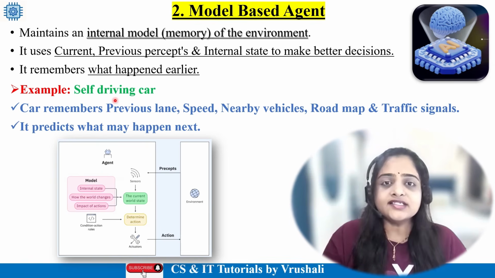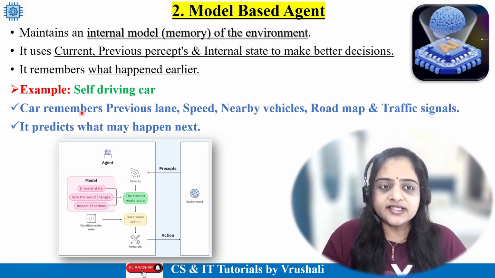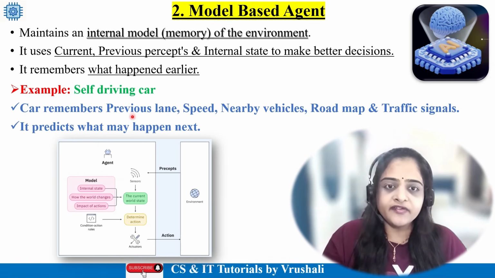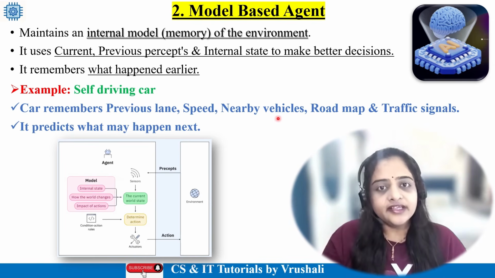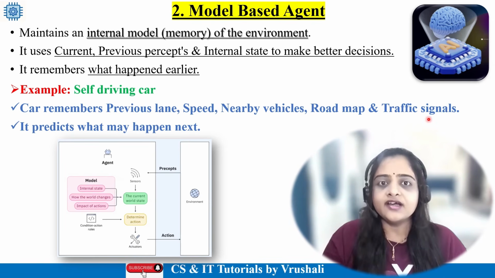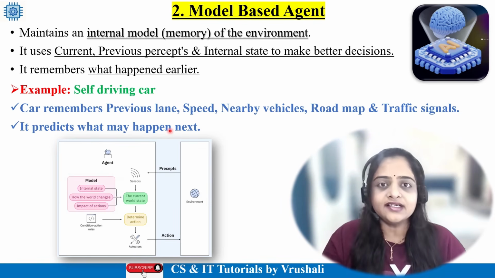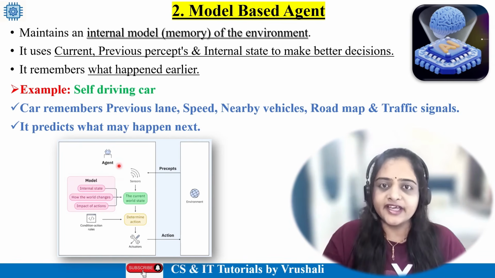For example, a self-driving car. It remembers the previous lane, speed, nearby vehicles, road map, traffic signals, right? And according to all these conditions, it predicts what happens next. This is called a model based agent.